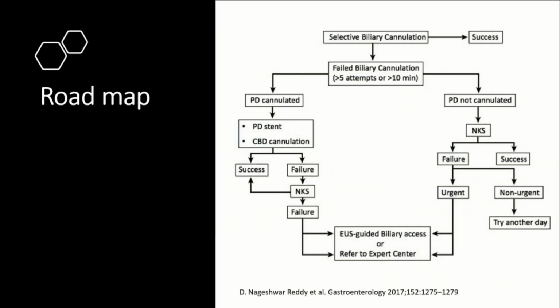Now, in the same publication of Dr. Reddy, 2017, he proposed this roadmap. So you have a selective biliary cannulation, fair enough. If not, after 5 attempts or more than 10 minutes, if you have cannulated the pancreatic duct, you put a stent or you put the double guide wire.